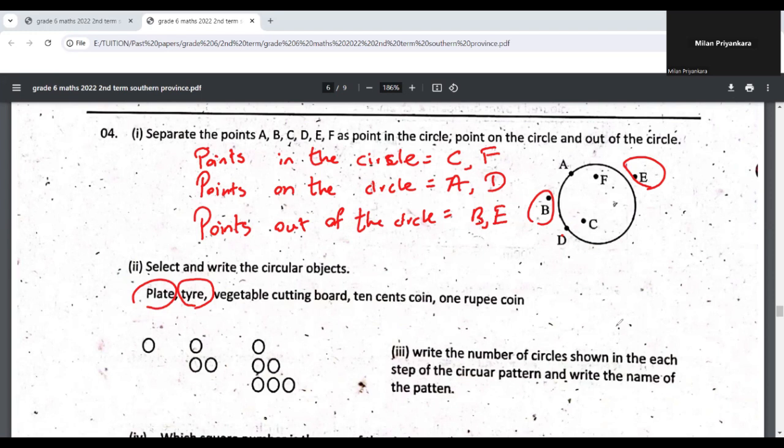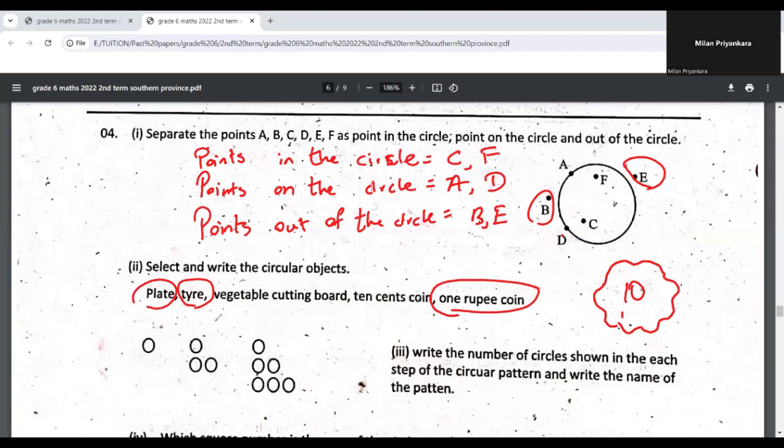If you have not seen it, you can see that the 10 cents coin is something like this. So a 10 cents coin is not a circular object, and a 1 rupee coin is.